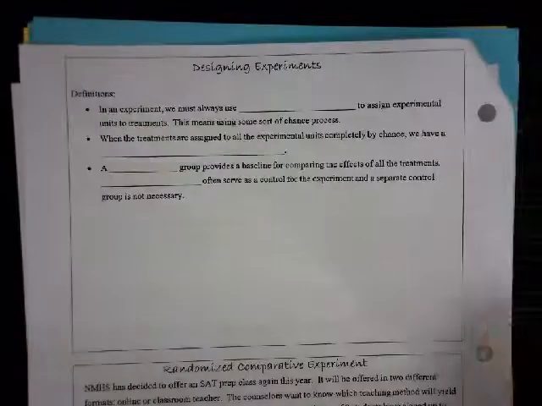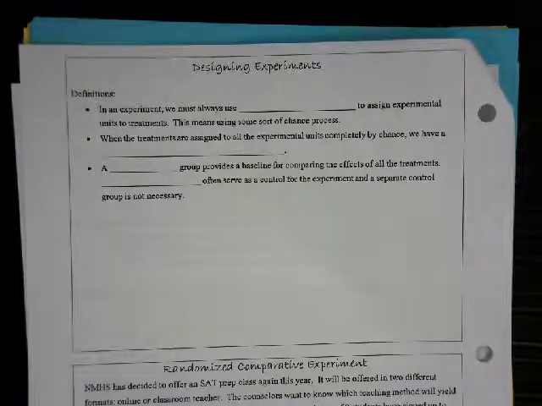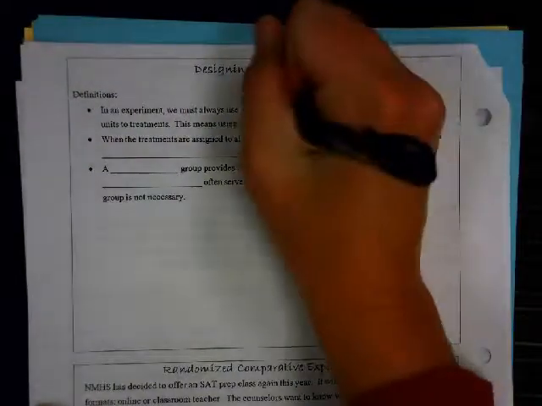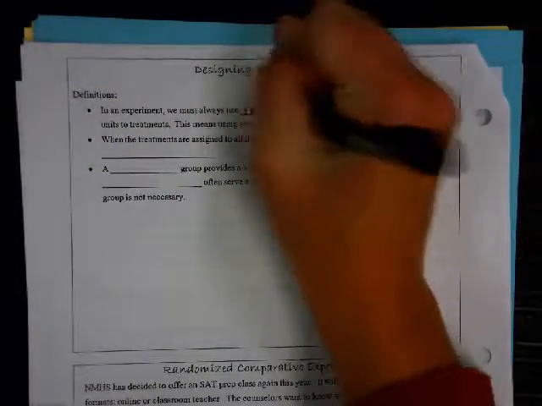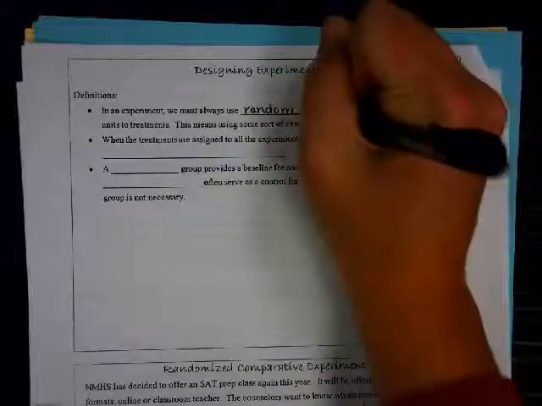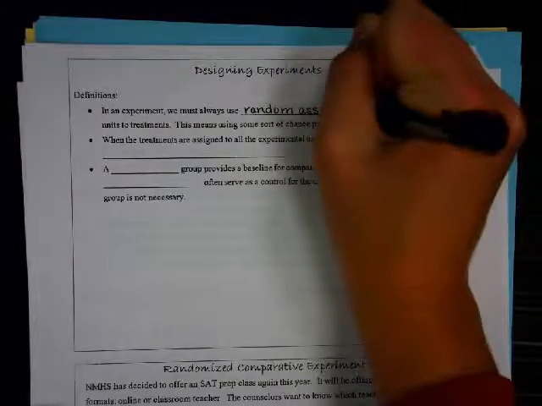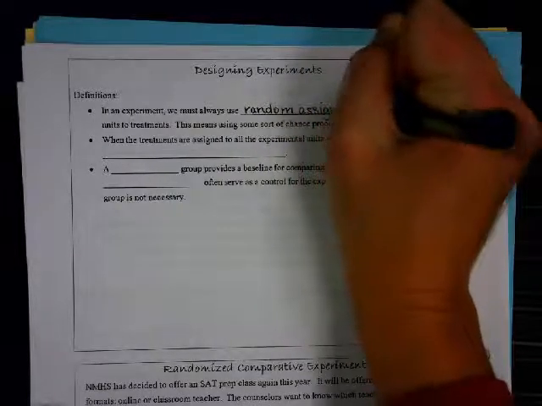When it comes to designing experiments, there's a few things that we need to make sure of. In the experiments, you must always use random assignment, which, because it shows up so much from here on out, I abbreviate because I'm lazy. So I'll say RA.